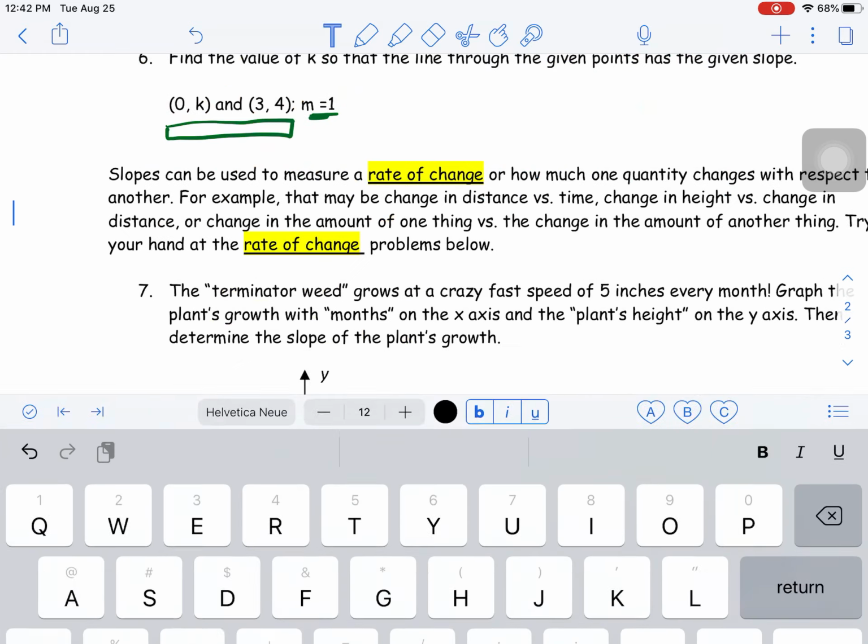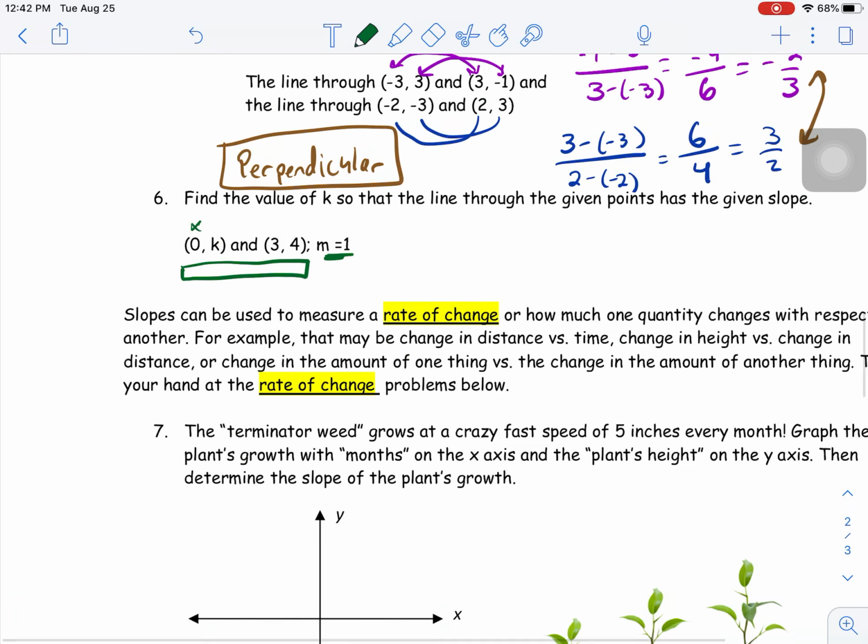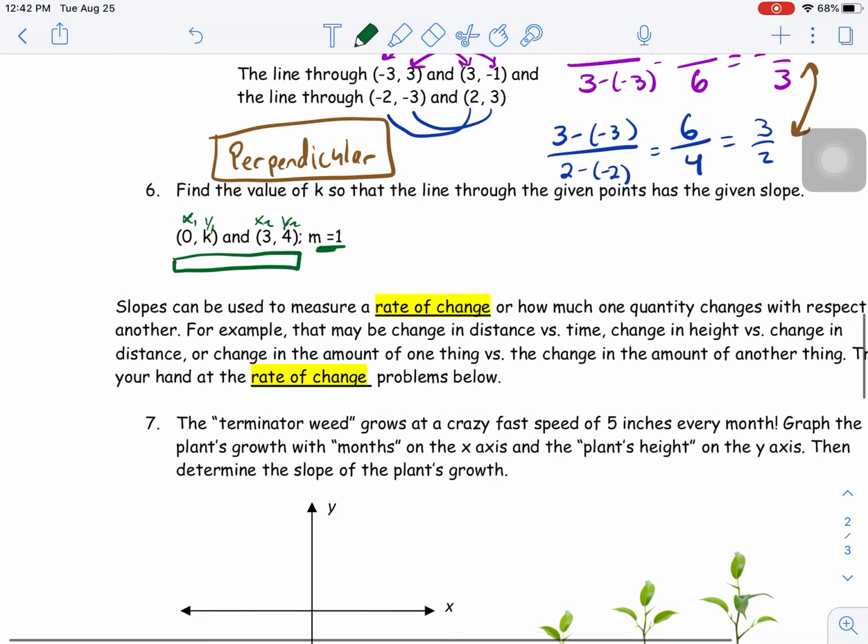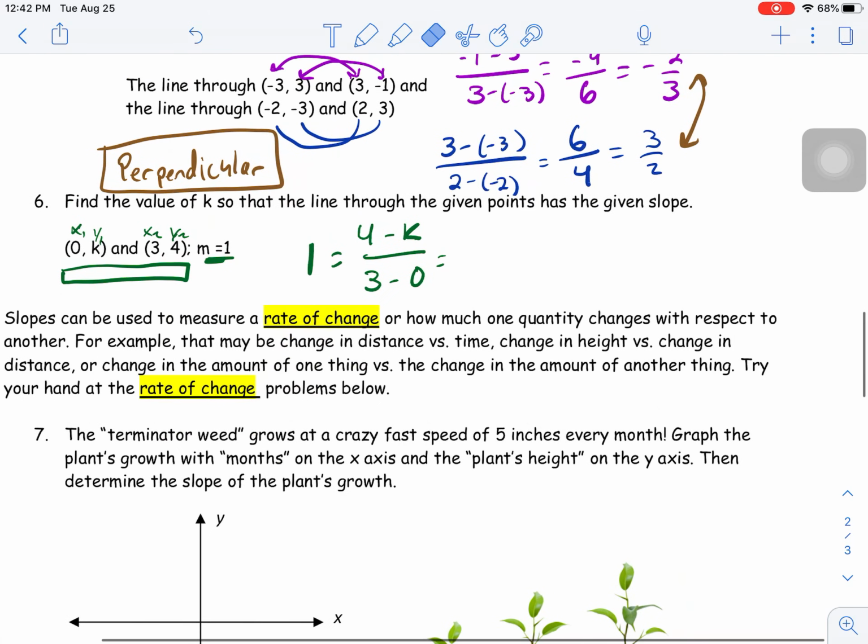So in this case, we have x1, x2, y1, y2, and then we just plug into the formula. 1, the slope, is equal to y2 minus y1 over x2, which is 3, minus x1, which is 0. And then it's just a solving problem from there, right?